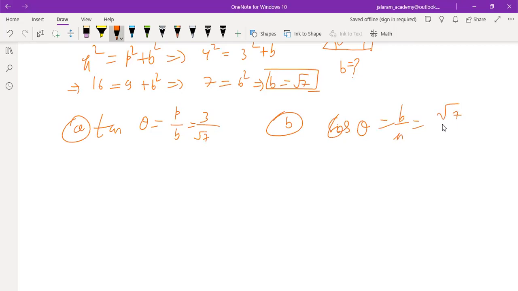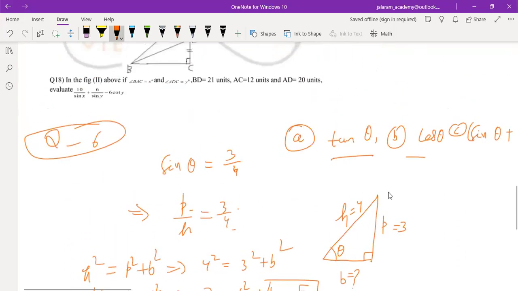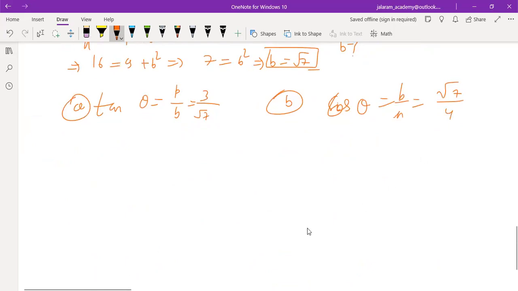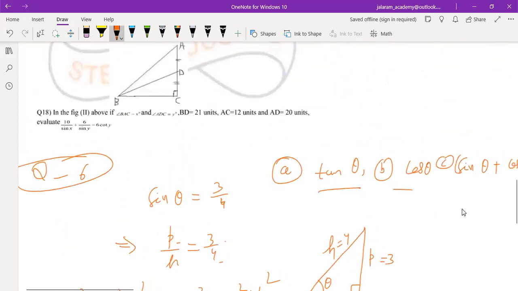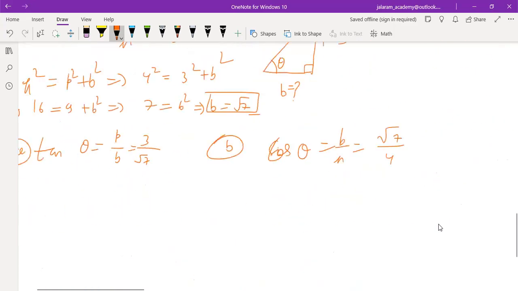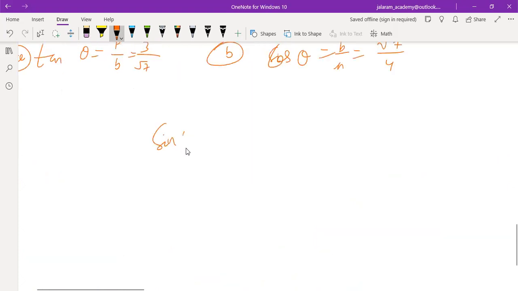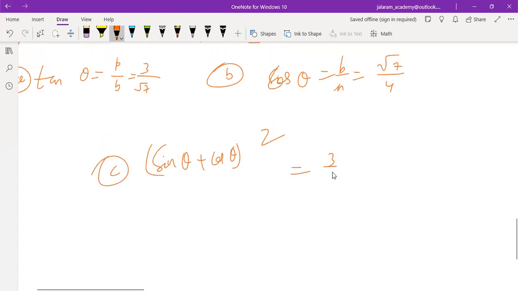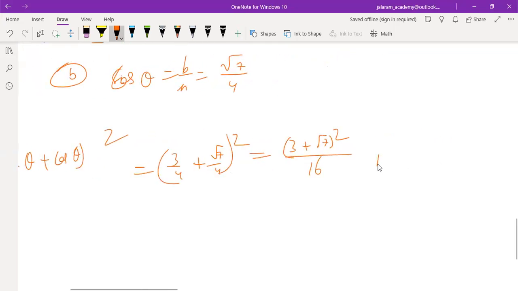Base is root 7 and hypotenuse is 4, so the value of cos theta is root 7 by 4. Third part, sin theta plus cos theta whole square. Use the values: sin theta is 3 by 4 and cos theta is root 7 by 4, whole square. So 3 plus root 7 whole square upon 16 is the answer.